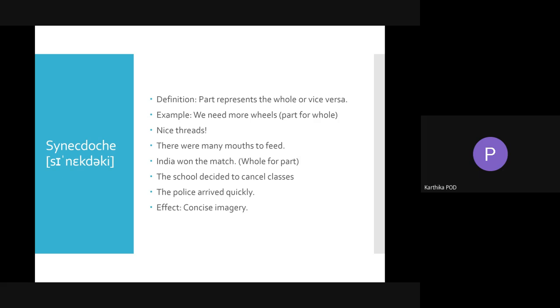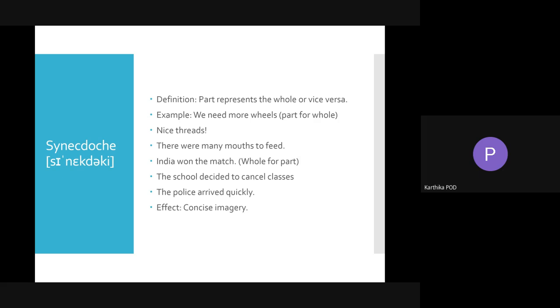It's actually a standard set phrase that you say in English. Wheels stand for vehicles, right? So someone is using that phrase to say that no, look, we need more vehicles. So here, the wheel, which is a part of the vehicle, represents the whole vehicle.